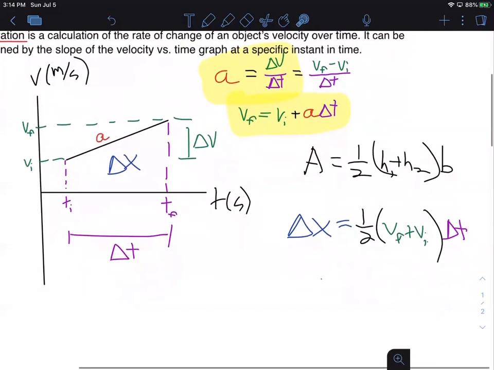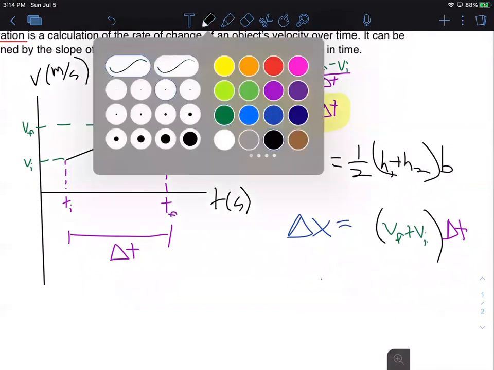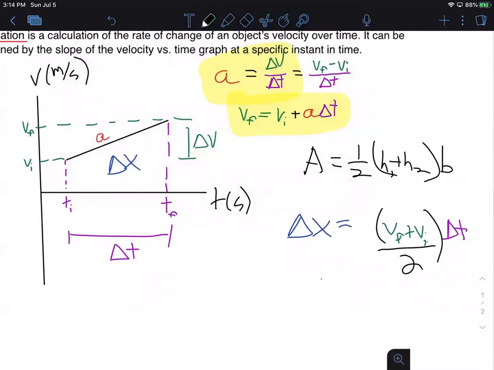Okay. So that's another equation, another way to relate these variables. A lot of times this is just written as delta x equals, not delta v, vi plus vf over 2, times delta t. So that's another way to relate position, time, and velocity.